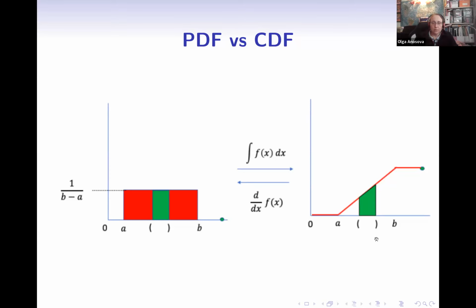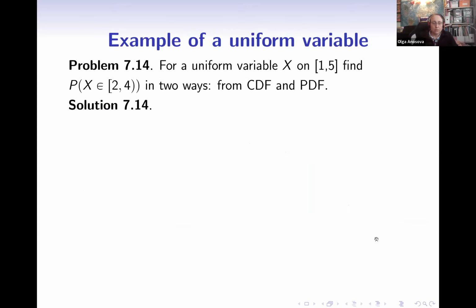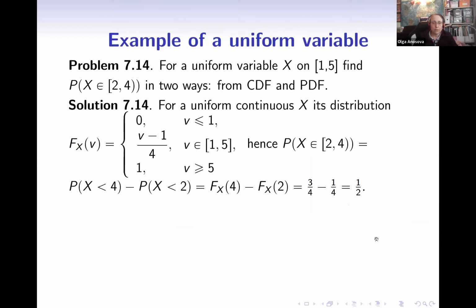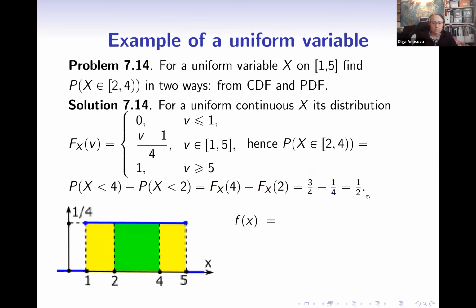So let's try to use them both on this simple example. Suppose we have a uniform variable on the interval from 1 to 5, and suppose we want to find the probability of getting between 2 and 4. Let's try to do it in both ways. Firstly, for a cumulative function, we can write down this formula and then just apply it and get this probability. But let's try to do the same thing from the density and from the areas.